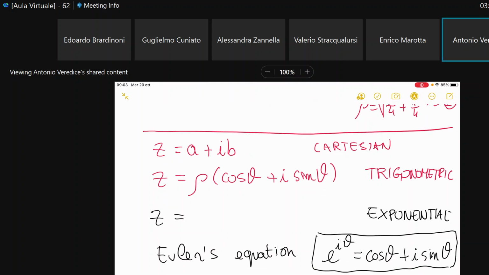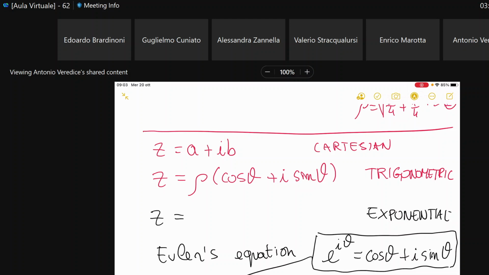By the way, from this relation, if we have e to the i times pi, replacing theta with pi, we have a very famous relation in mathematics. This is the cosine of pi, and you know the cosine of pi is -1, so it equals -1.